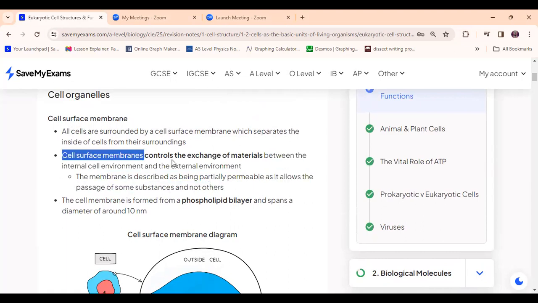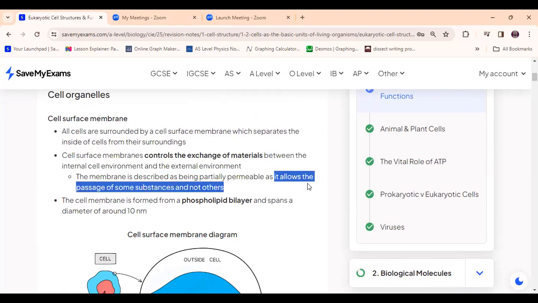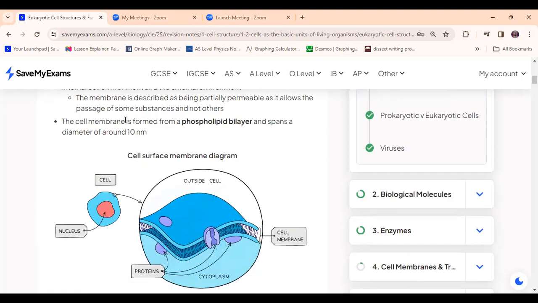How does it control this? Because it is partially permeable, it only allows the passage of some substances and not others. The cell membrane is essentially a phospholipid bilayer.